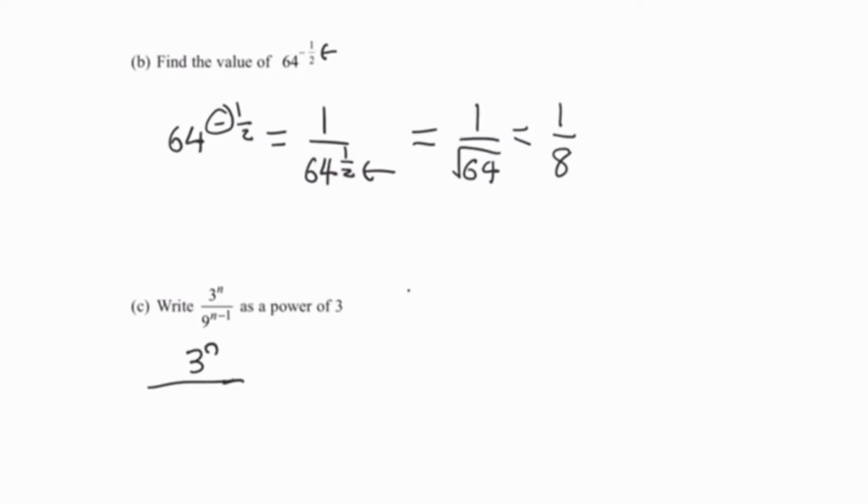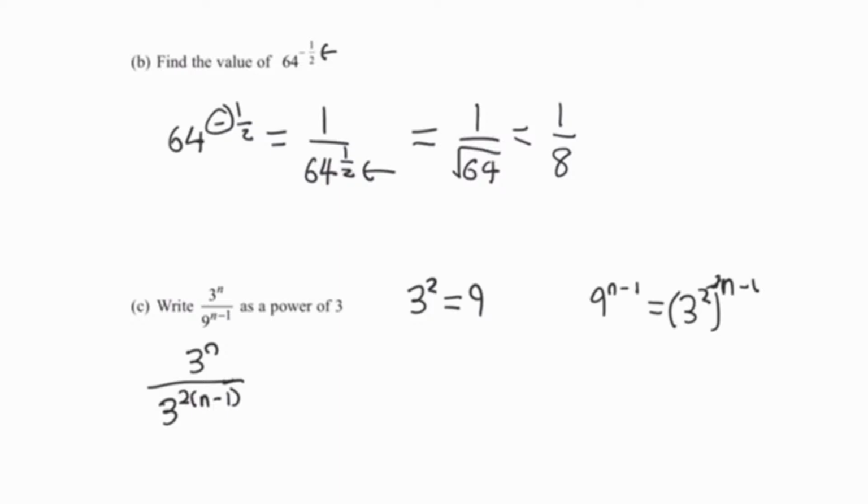Well, notice 3 squared is equal to 9. So 9 to the n minus 1, we can just replace that with 3 squared, and then that is raised to the power of n minus 1. And when you have a power raised to another power, you just multiply the powers. So at the bottom we have 3 to the power of 2 times n minus 1.